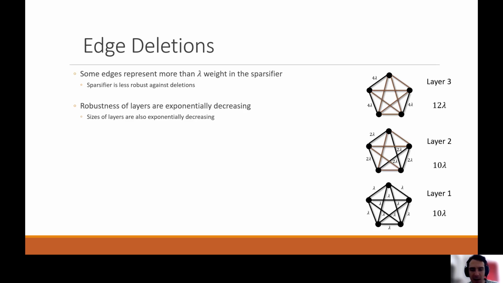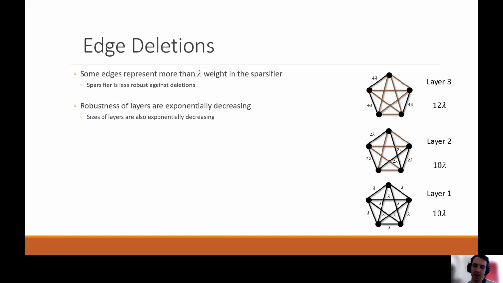But we can again use amortized rebuilds, just be a bit more subtle about it. As degree splitting operations proceed, there will be higher and higher layers of the data structure. In higher layers, edges receive larger weight, and therefore the higher layers are less robust. On the other hand, the sizes of these layers, the number of edges in them, are also decreasing. And these two things will balance themselves out.